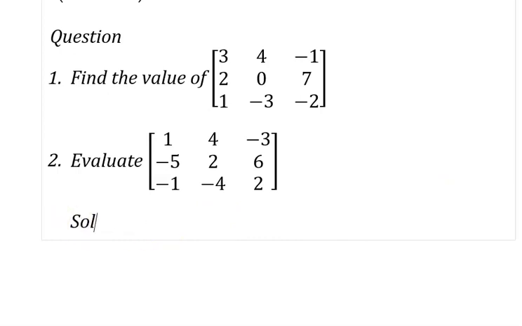So we see solution number 1. Awesome. We have to find the value of this. Whenever you have 2 vertical straight lines, you know you are looking for the determinant. But this time around, look at it, 3 by 3.